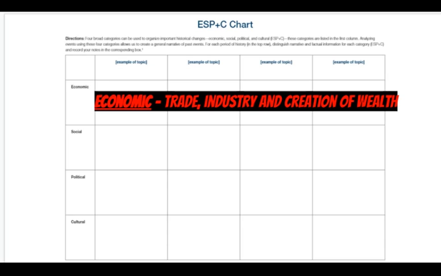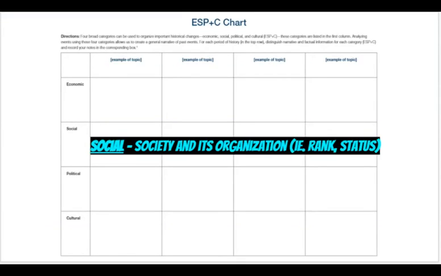That's economic. Okay, now we have social. Social involves people, where people are in society and how society is organized. I.e., by the way, that's Latin, very appropriate if we're going to head for the rise of Rome. What is that talking about? That is talking about rank, that is talking about status. You may have come across the term social hierarchy.